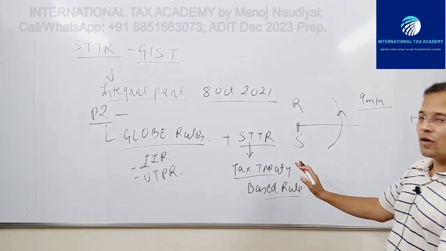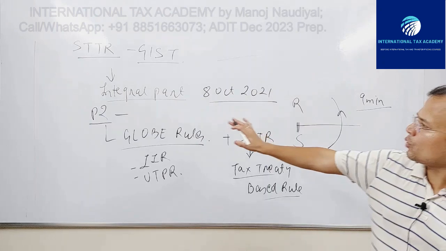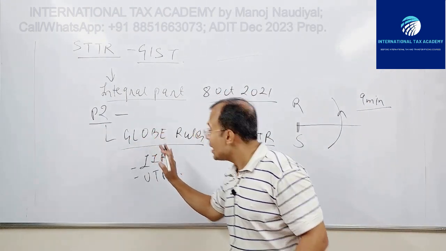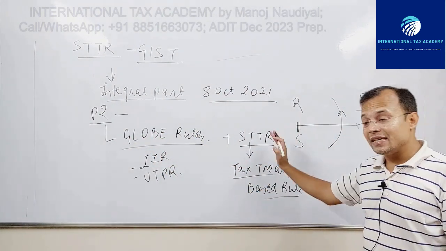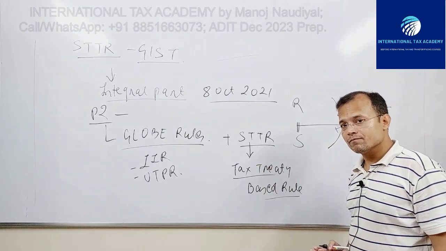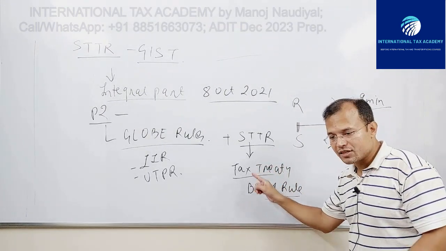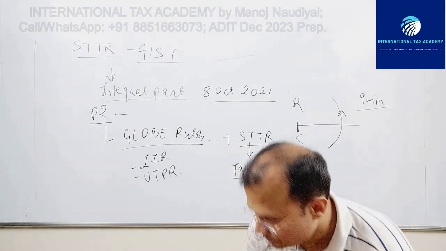At this point in time, I'm simply explaining to you that Pillar 2 consists of GloBE rules as well as the STTR. STTR is a tax treaty based rule. So now we have reached STTR. Let us move further.